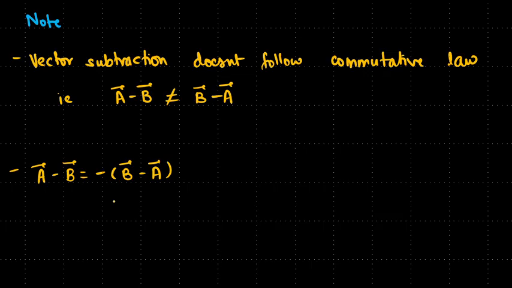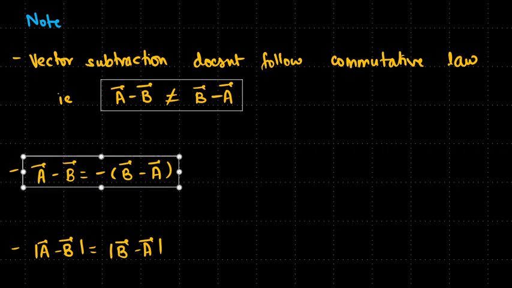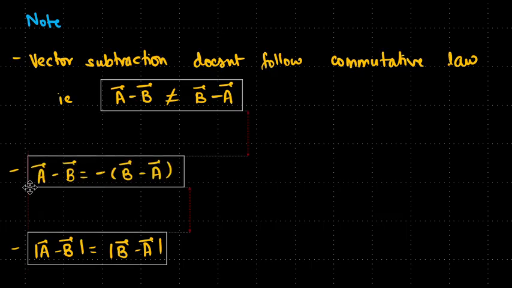And also the magnitude of a minus b is the same as the magnitude of vector b minus a. I would say these 3 points are also very important, because at first glance they might not seem that important or logical, but once you see the proof, it's like, yeah, that's true.